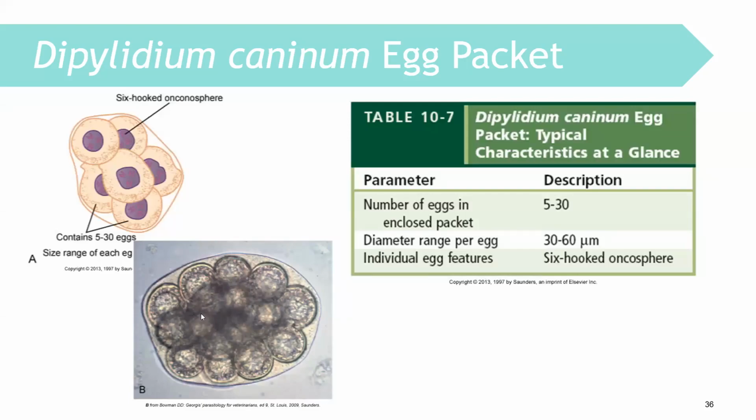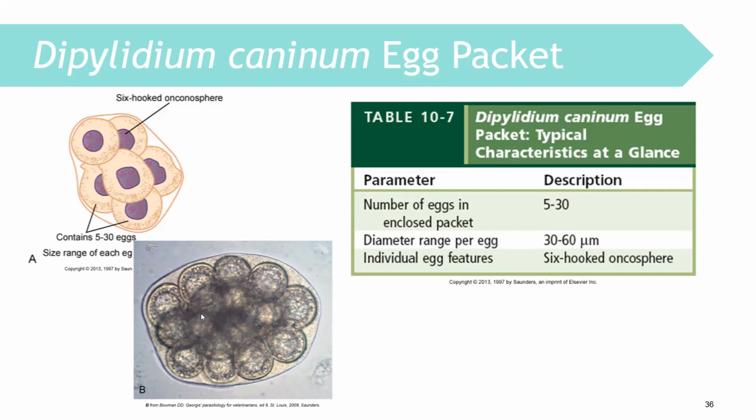Next in line we have Diphyllidium caninum, also known as the dog or cat tapeworm. The Diphyllidium caninum egg is unique from the other eggs because its oncospheres are enclosed in what we call egg packets.